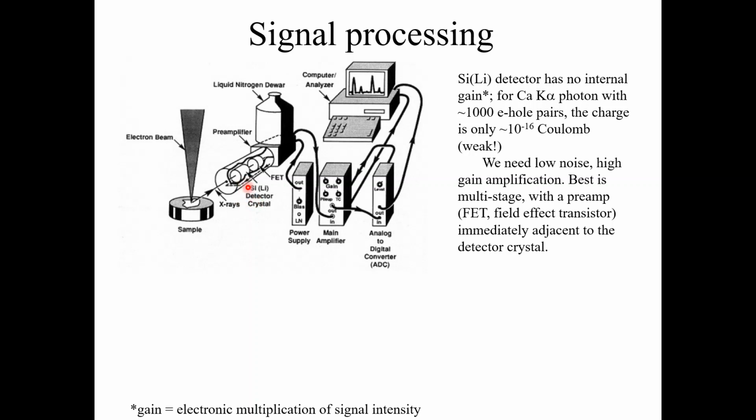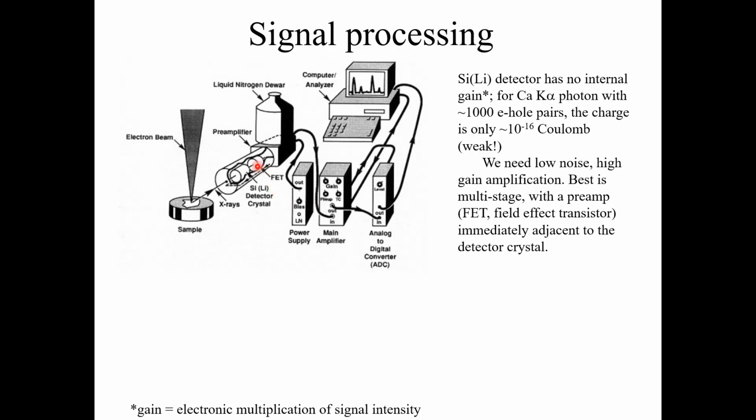The silicon lithium detector has no internal gain for a calcium K alpha photon, with approximately 1000 electron hole pairs. So the charge is only approximately 10 raised to power minus 16 coulomb. That is extremely weak. So what do we need? We need low noise, high gain amplification. So the best option is multi-stage amplification with a preamp of field effect transistors immediately adjacent to the detector crystal.